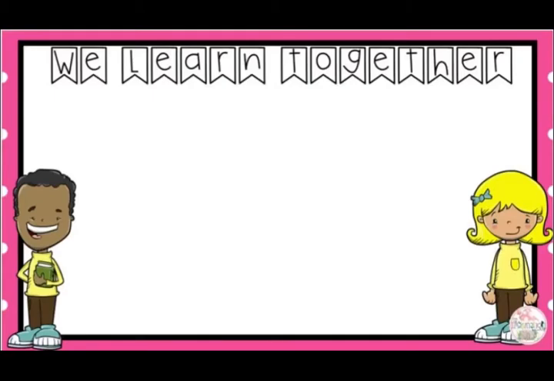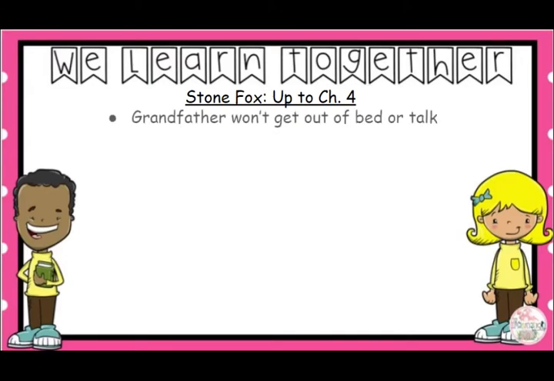So one thing that we can do is jot down some big things that have happened leading up to now. Thumbs up if you remembered what happened at the beginning of the story. Right, one of the big things, grandfather won't get out of bed or talk. Okay, now I want you to think about, in order, the big things that happened after that.